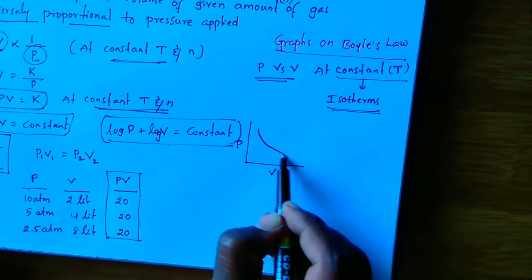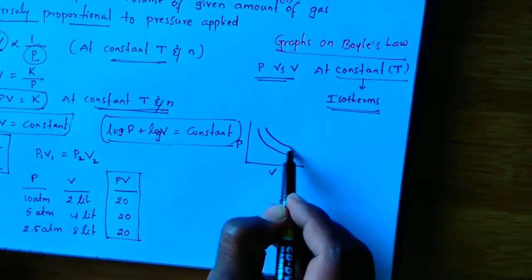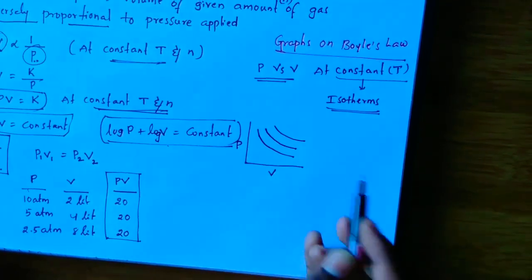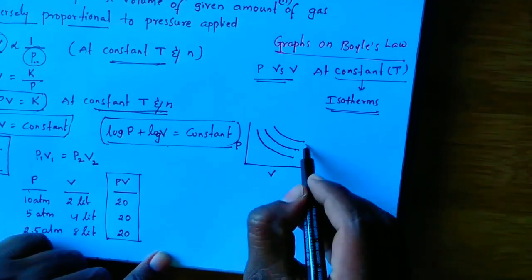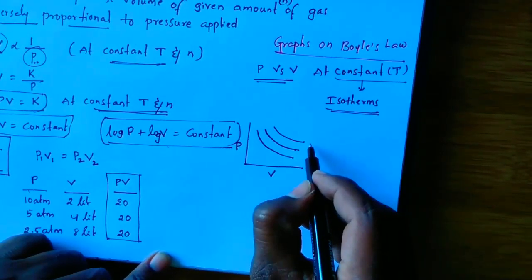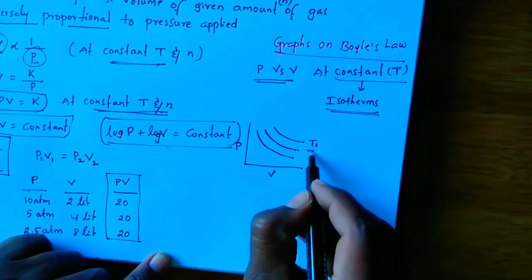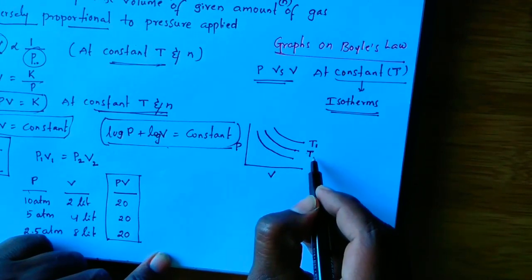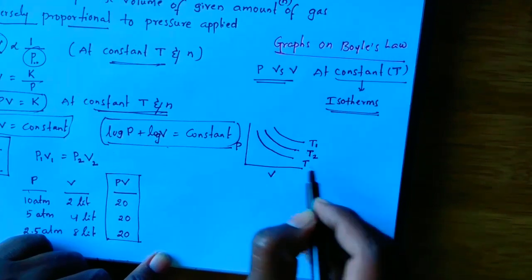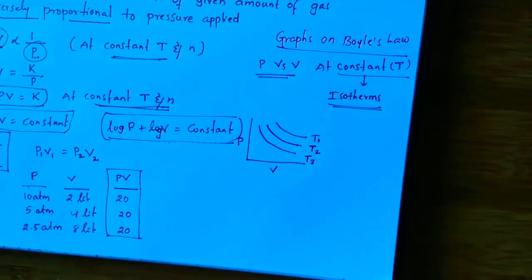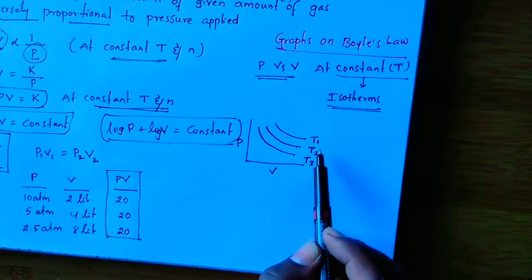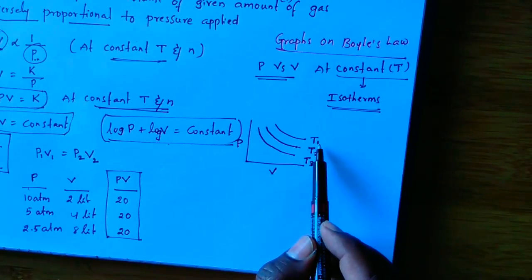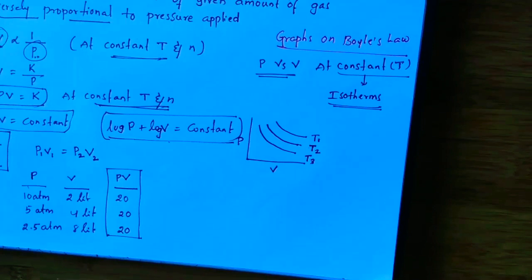The graphs are like this, at different temperatures. For example, this plot is drawn at temperature T1, this at T2, and this at T3. Sometimes in questions they may ask for the relation between T1, T2 and T3.